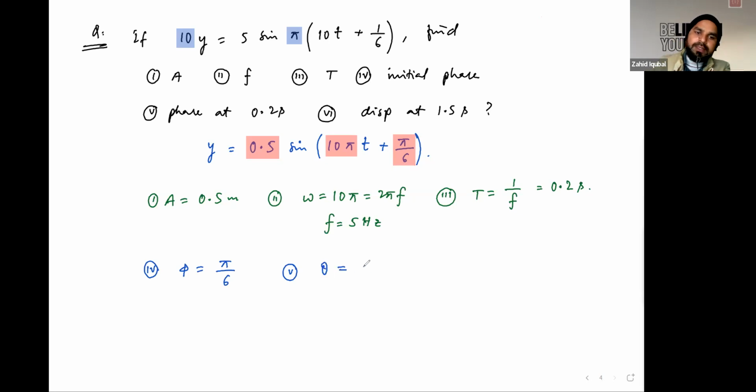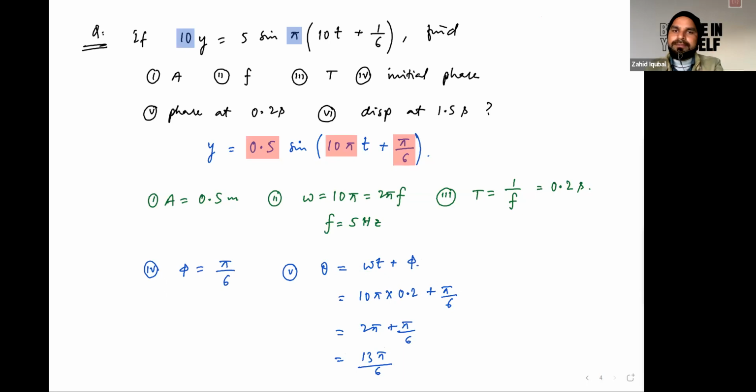It's just theta, which is equal to omega t plus phi, this entire term. Omega we have 10 pi, t is 0.2 seconds, plus phi, pi by 6. So this will be 0.2 into 10, that is 2 pi, plus pi by 6. So 6 into 2, 12, plus 1, 13. So it will be 13 pi by 6. That is the phase at 0.2 seconds.